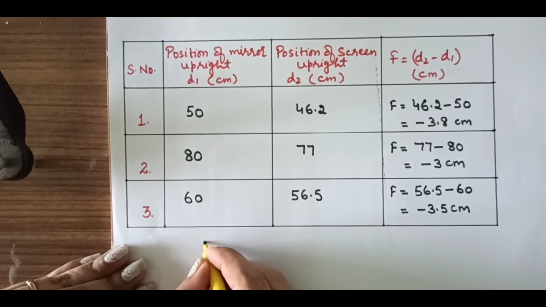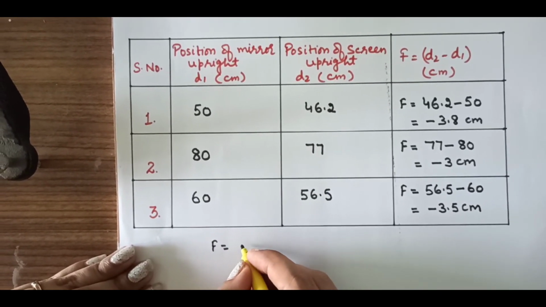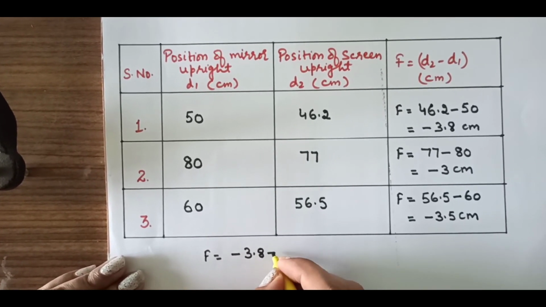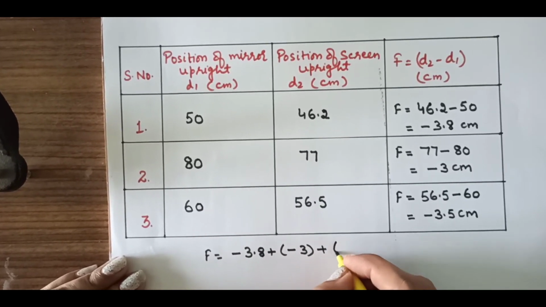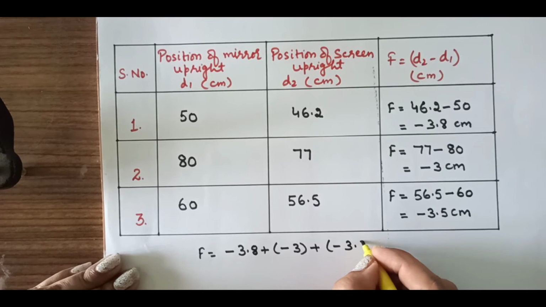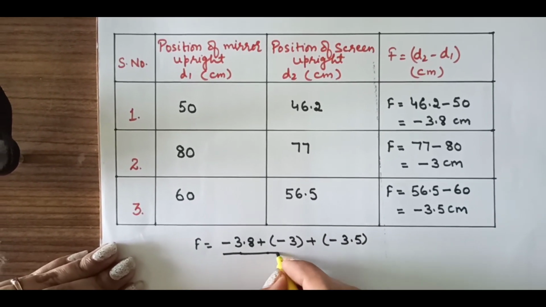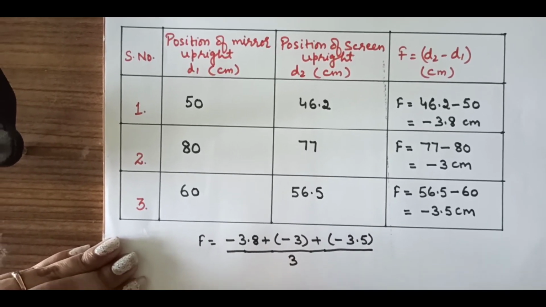Now let's find the mean of these three observations. To find the mean, we will add the three values, that is minus 3.8 plus minus 3 plus minus 3.5, and we will divide it by the number of observations, that is 3.